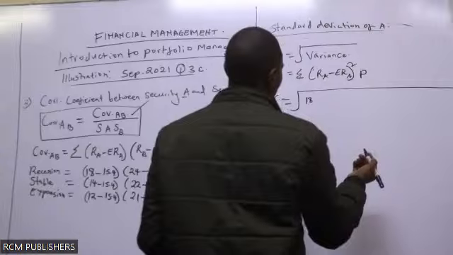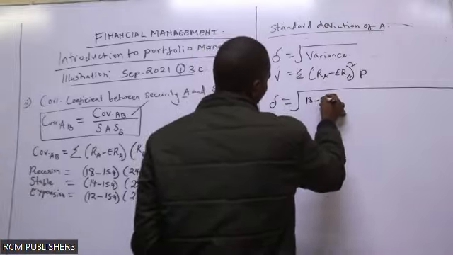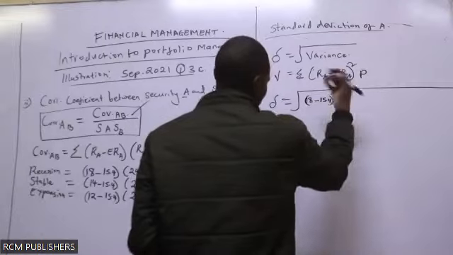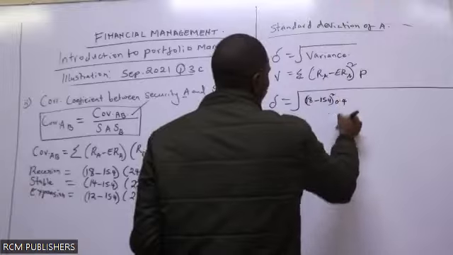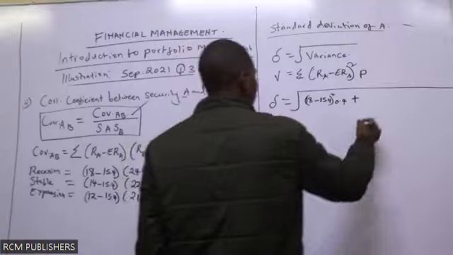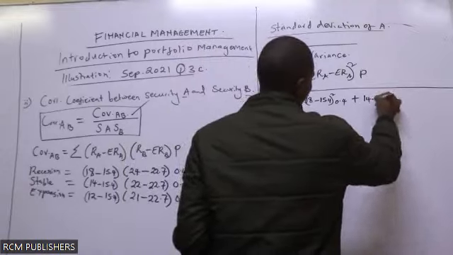Then later multiply by the probability. So it is 18 minus 15.4, then this squared, whatever you get, then you multiply by 0.4. Then you add the other one, 14 minus 15.4 squared.